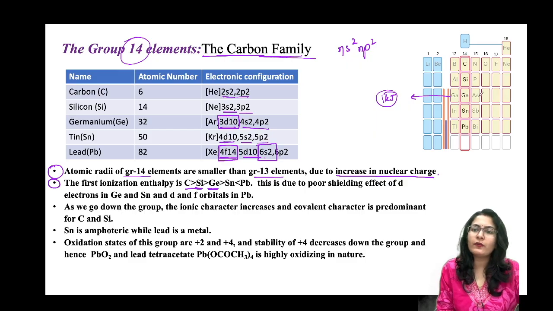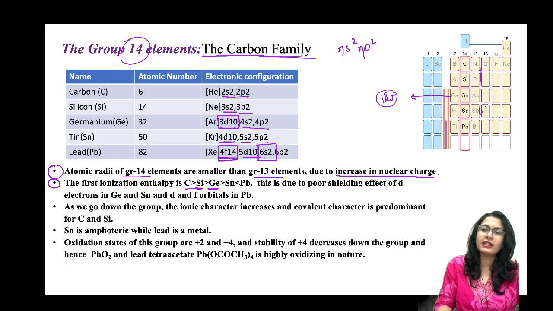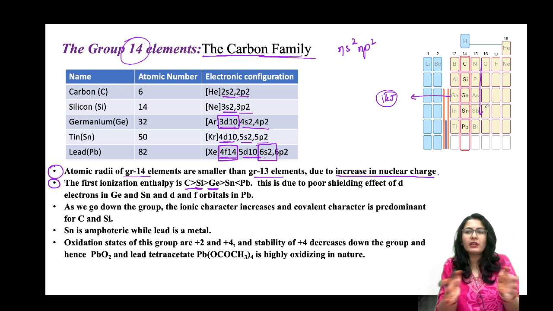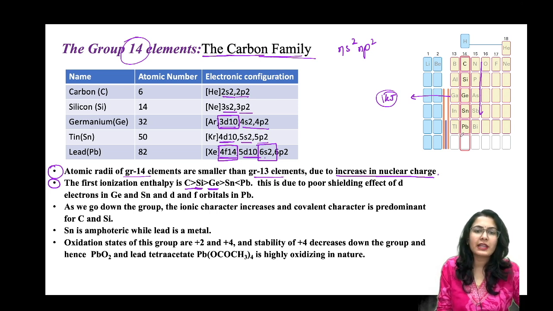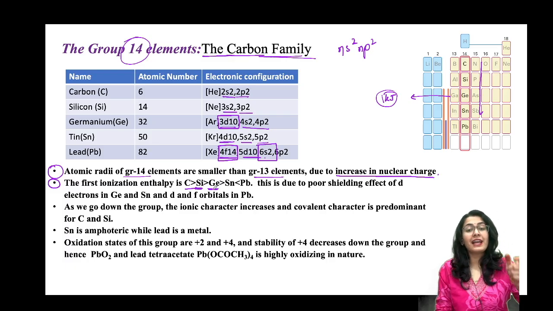And when you move onwards to group 15, the ionization energy will decrease gradually. Nothing happens because of the introduction of d and f orbitals. So this group 14 is in between 13 and 15, so it shows middle properties. Silicon still has more ionization enthalpy than germanium.